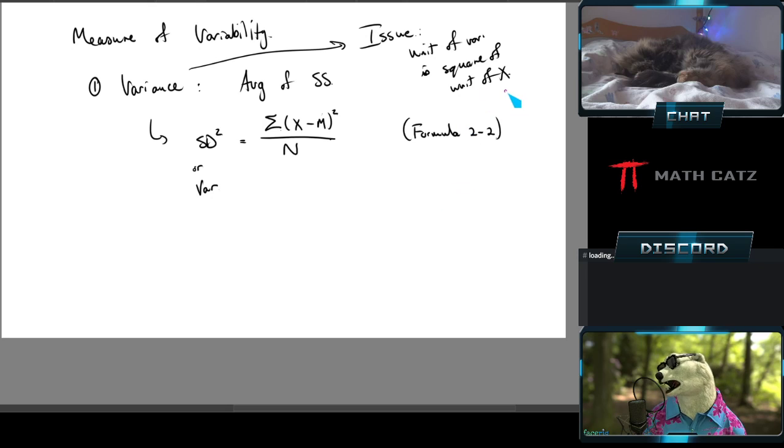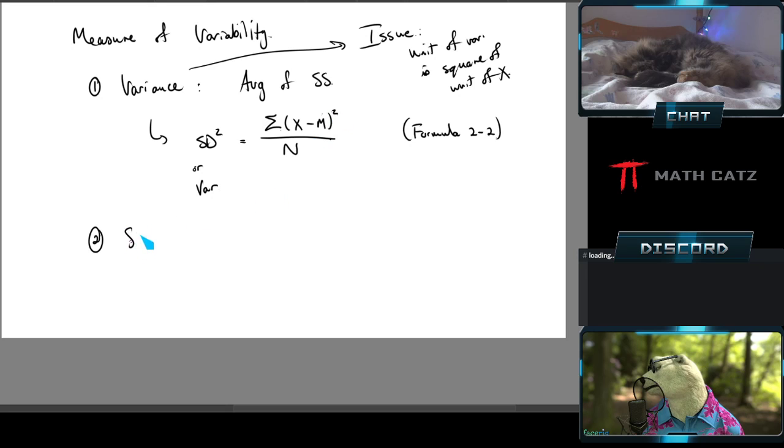Whatever that unit is, the variance doesn't have the same unit, which makes it even more difficult to interpret effectively. So the variance has unit, whatever the original score unit is, squared, because I squared over here.